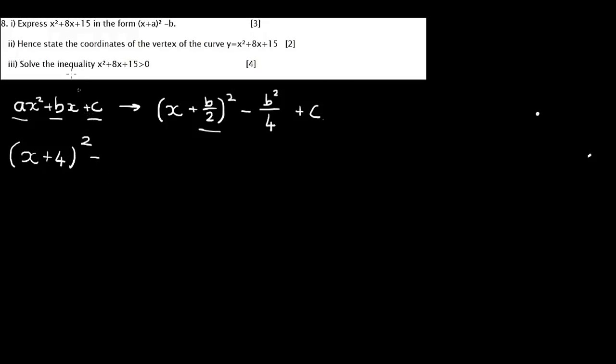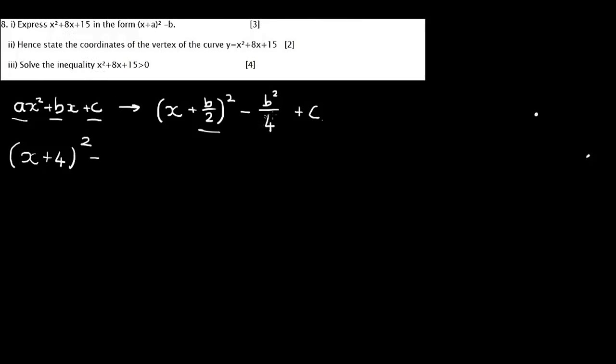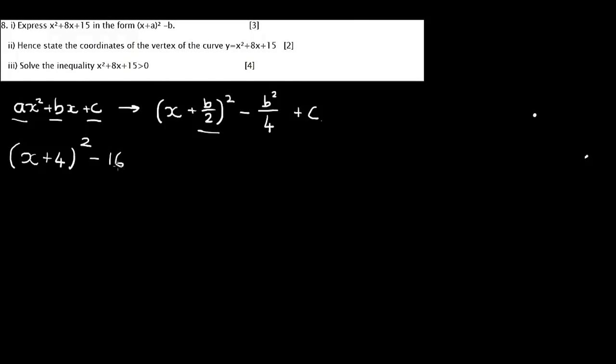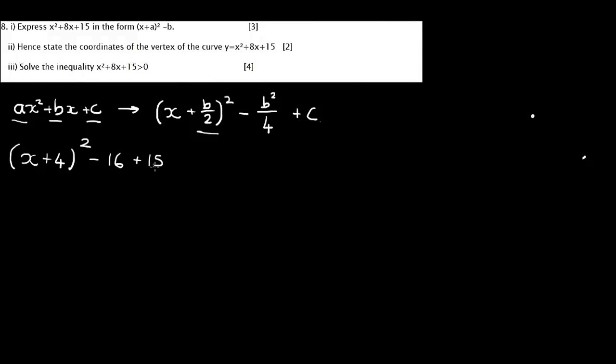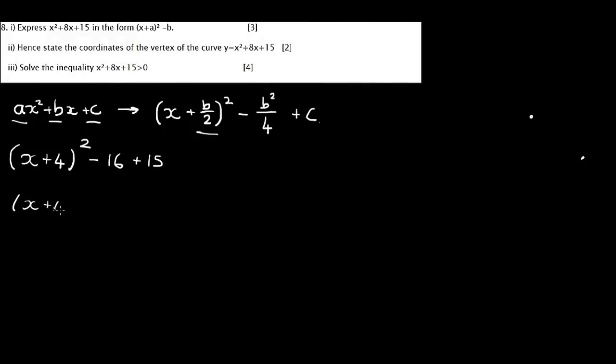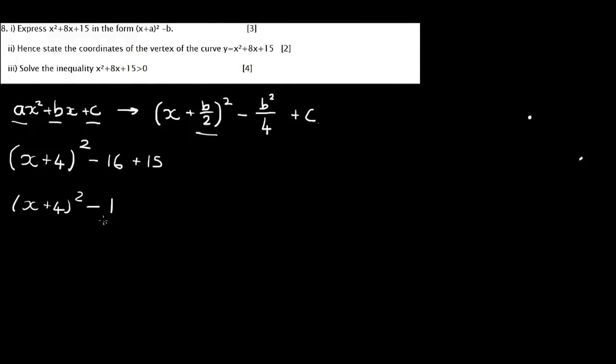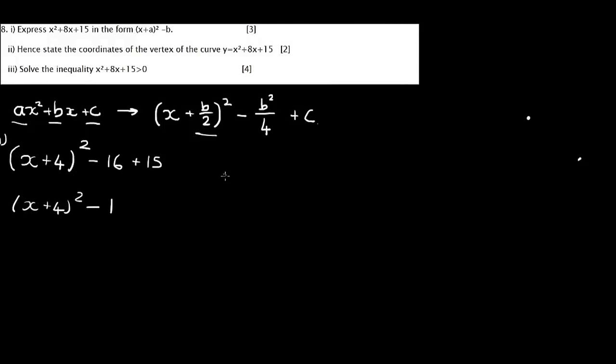Minus b squared, which is 8 squared, which is 64, divided by 4, which is 16. Plus c, which is plus 15, which we're given. So the completed square is x plus 4 all squared minus 16 plus 15, which is minus 1. So that's the first section, and for doing that, section 1, we get 3 marks.